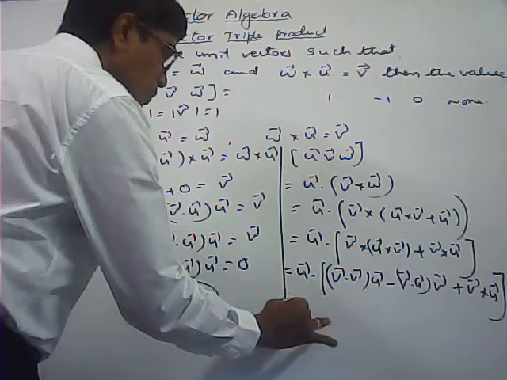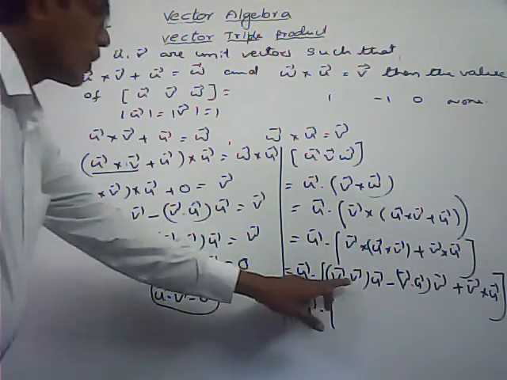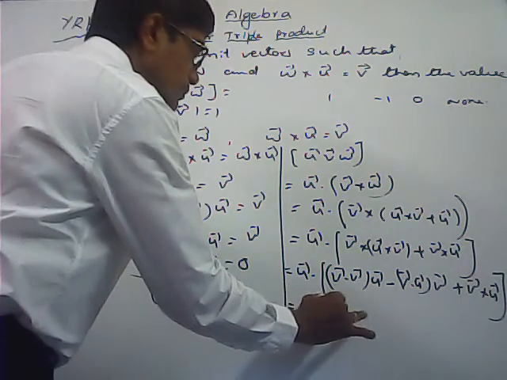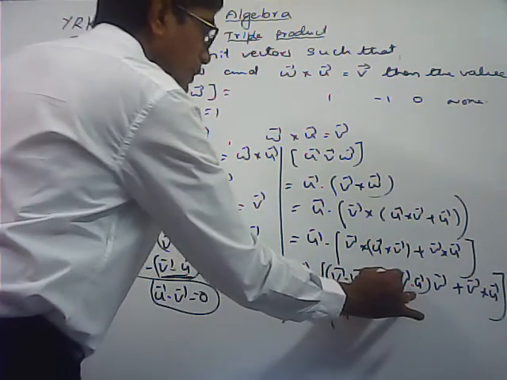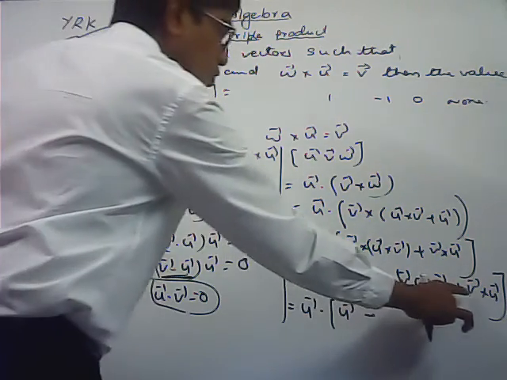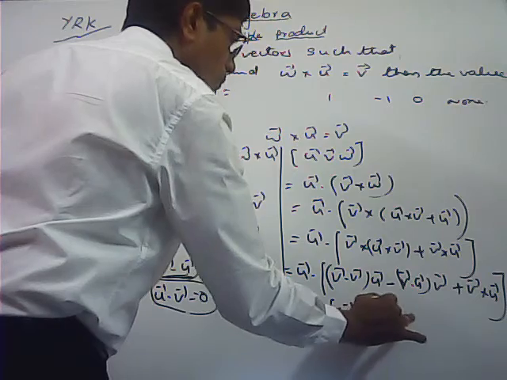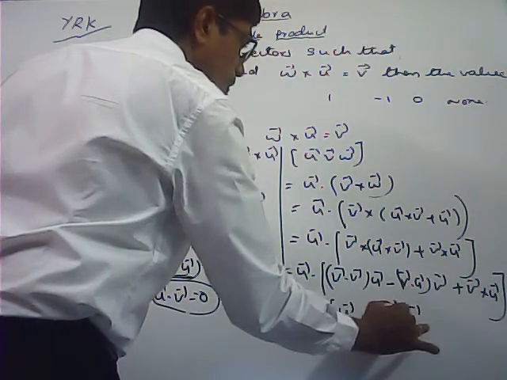That is equal to U bar dot (1 into U bar minus V bar dot U bar, which is 0, into V bar) plus V bar cross U bar.